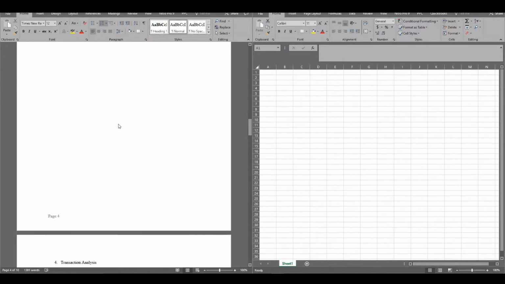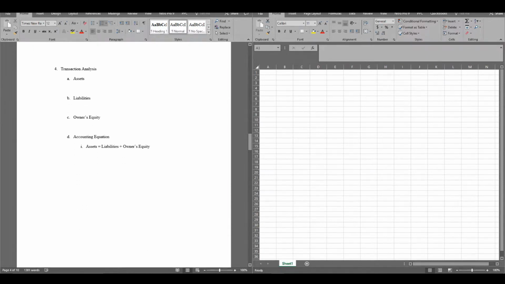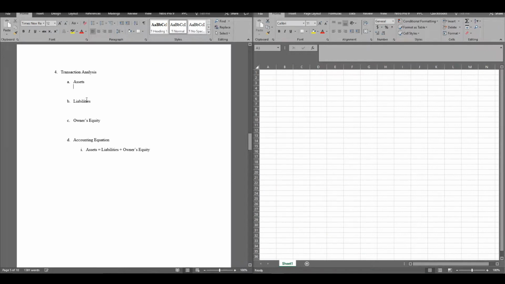They represent the business. So what about transaction analysis? These are the three main types of accounts in accounting. These are what we call permanent accounts. And they make up what's known as the accounting equation, which is listed here. The accounting equation is assets equals liabilities plus owner's equity.